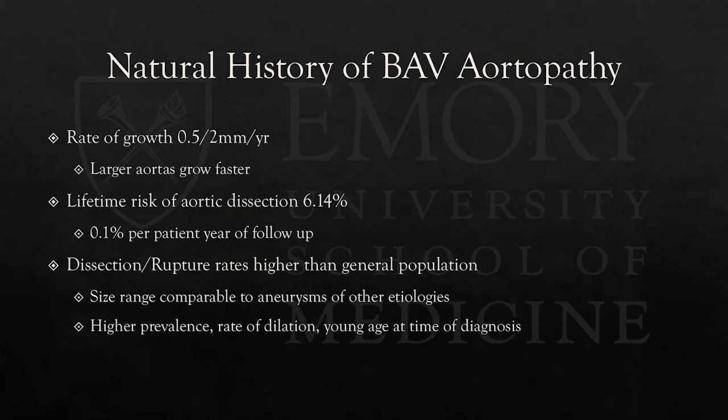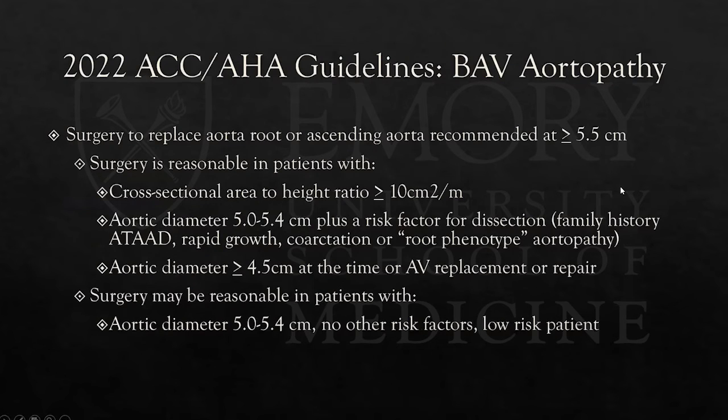Now, this young patient with bicuspid aortic valve aortopathy has to live for 40 or 50 years with an aneurysm, as opposed to the other categories of patients who are less active at baseline and only have to live for 10 or 15 years with their aortic disease.